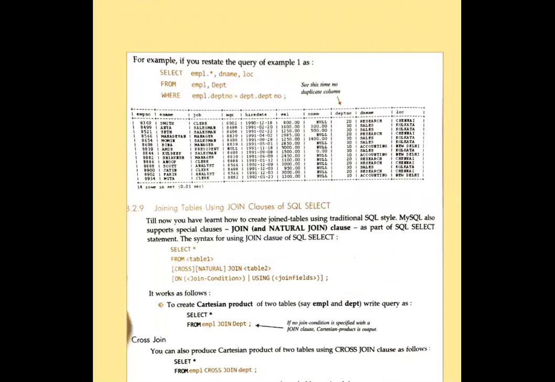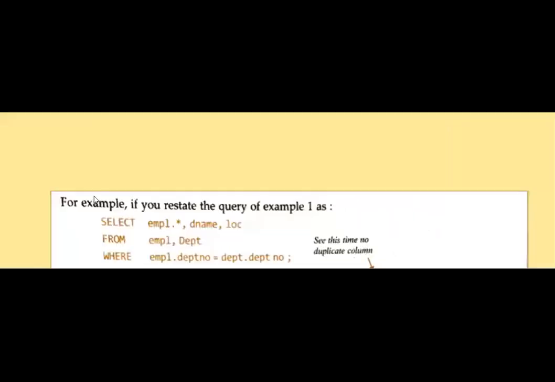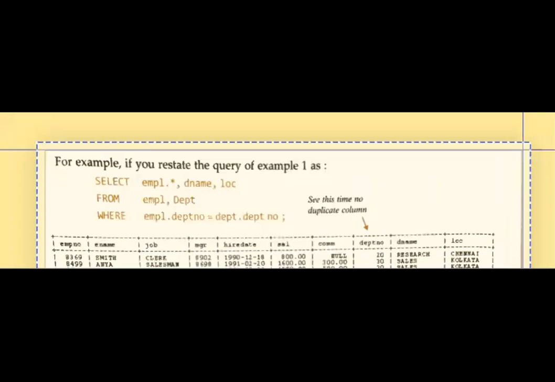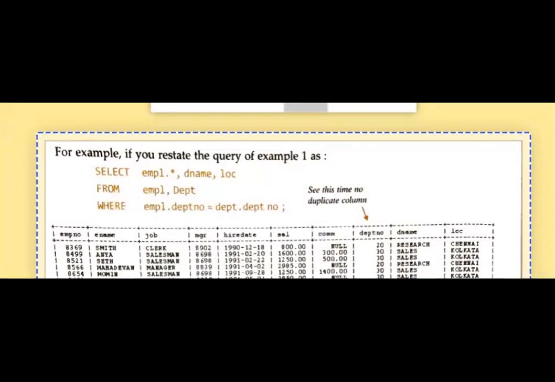This is what I wanted to explain to you: EMPL.* means from the EMPL table all the things, and from the department table DNAME and LOC. And I have written like this. Otherwise, what we were doing previously, we were only writing directly the asterisk part.